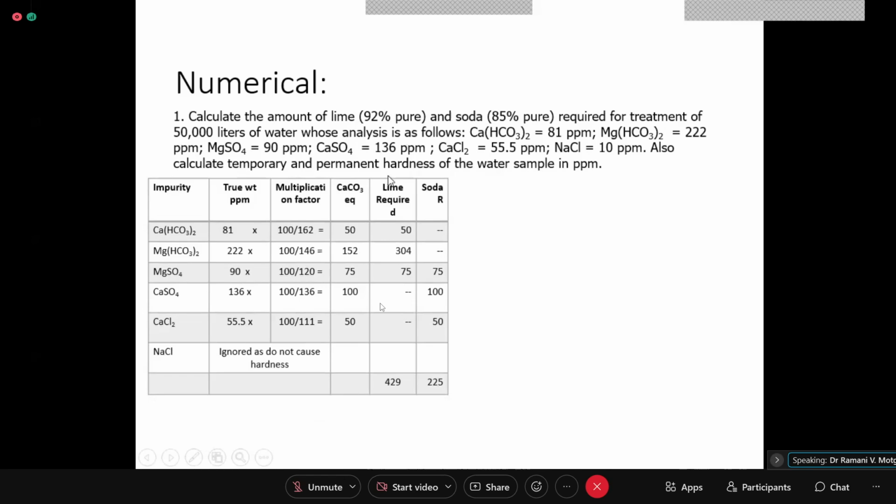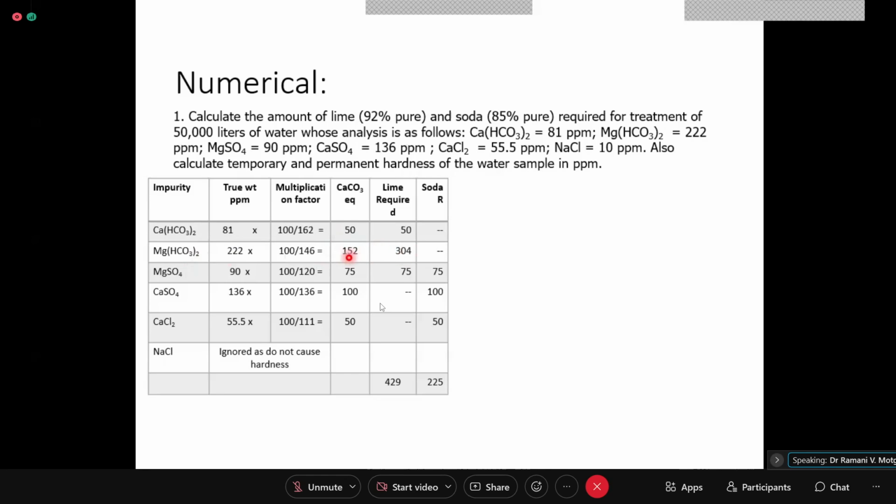Okay, so lime required. We know that for removing calcium temporary hardness, you need an equivalent quantity of lime. So in this column of lime required, we will write 50. And in the column of magnesium bicarbonate, this is the CaCO3 equivalents, but this has to be multiplied by 2.